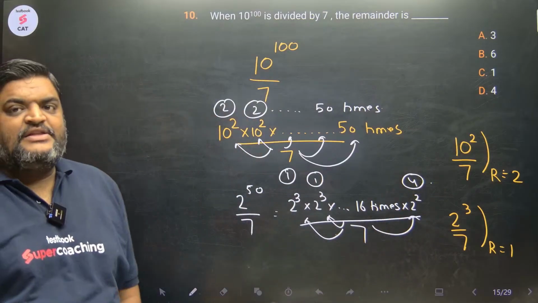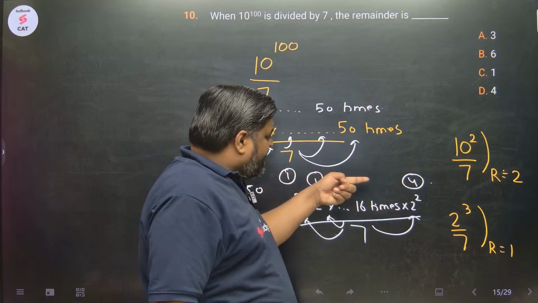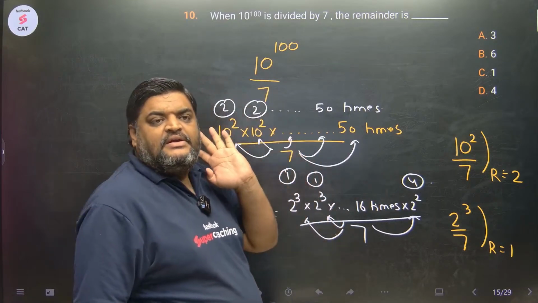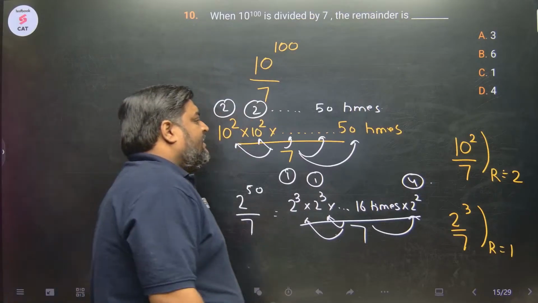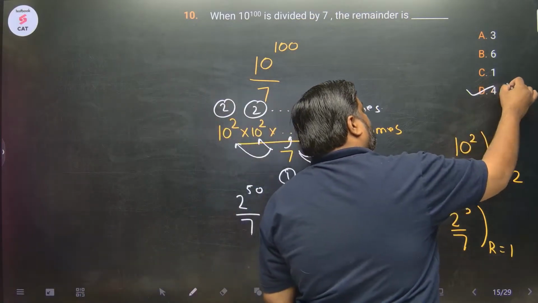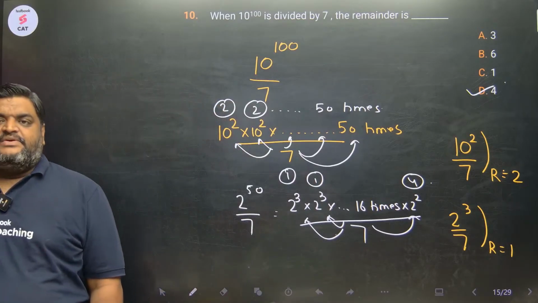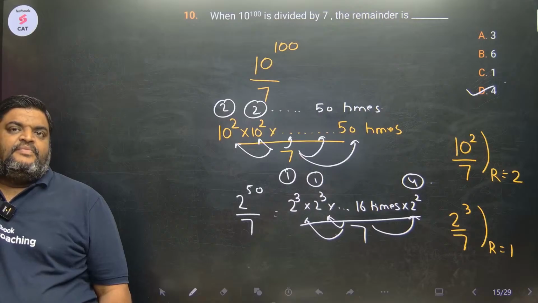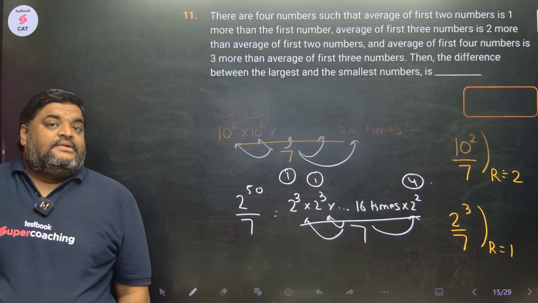So what would be the final answer? 1, 16 times, and last में you have 4. So answer is 1 into 4. Correct answer is 4. बोलो yes sir. Got it? Next question.